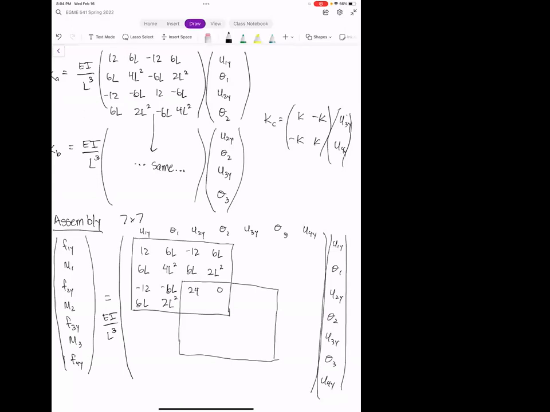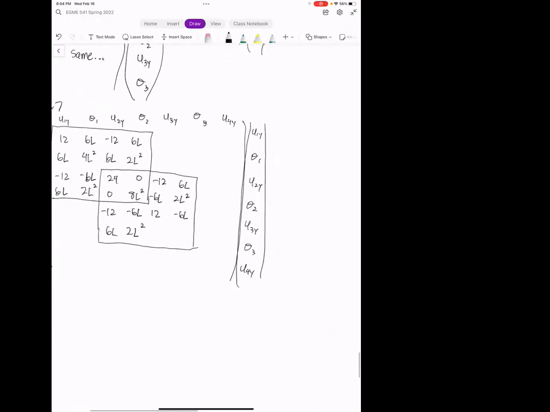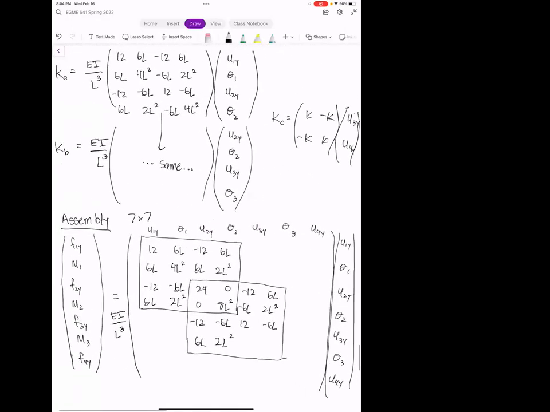This is a 0, 0, 8L squared. Minus 12, 6L, minus 6L, 2L squared. Minus 12, minus 6L, 6L, 2L squared. It's going to be 12, minus 6L, minus 6L, 4L squared.